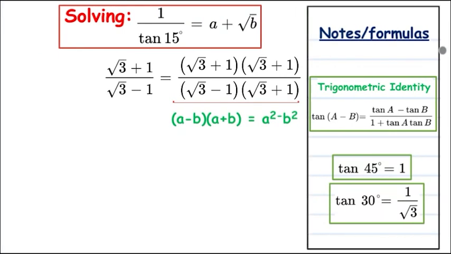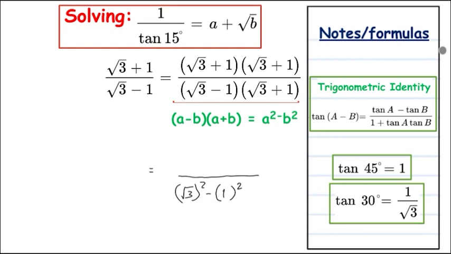Now that we have this completed, you can see below we have the difference of two squares. So this identity gives us a simplification below, and we will get the square root of 3, which is a, all to be squared, minus 1 squared below.